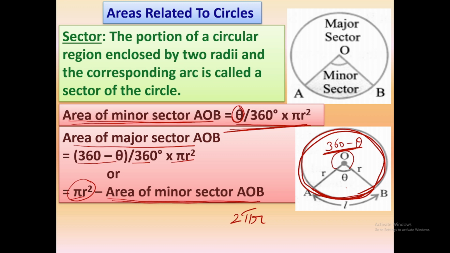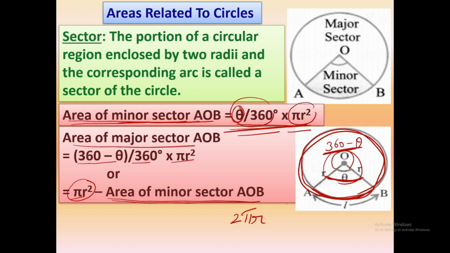So from this whole, as we found the area of the minor sector, what did we do? This angle is which portion of the whole? That is theta upon 360 into pi r square.